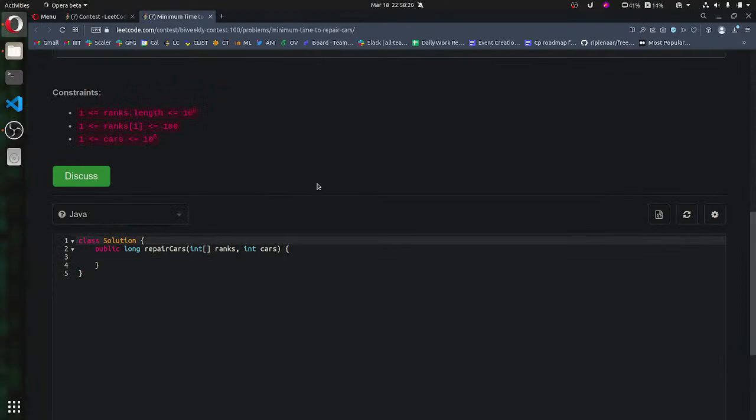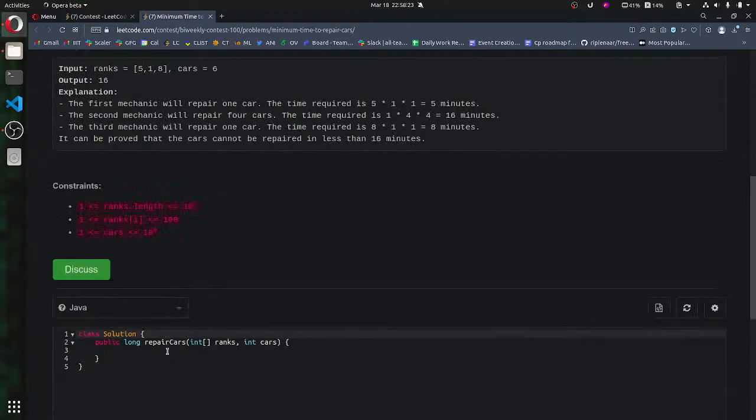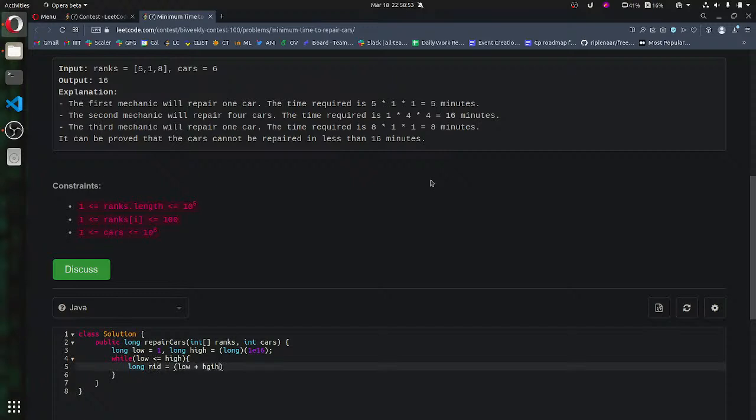This seems to be a binary search question. Say long low equal to 0 and long high is somewhere around, let's say 16. So while low is less than equal to high, really nothing but at least 1 minute it will require, and say long mid equal to low plus high by 2.